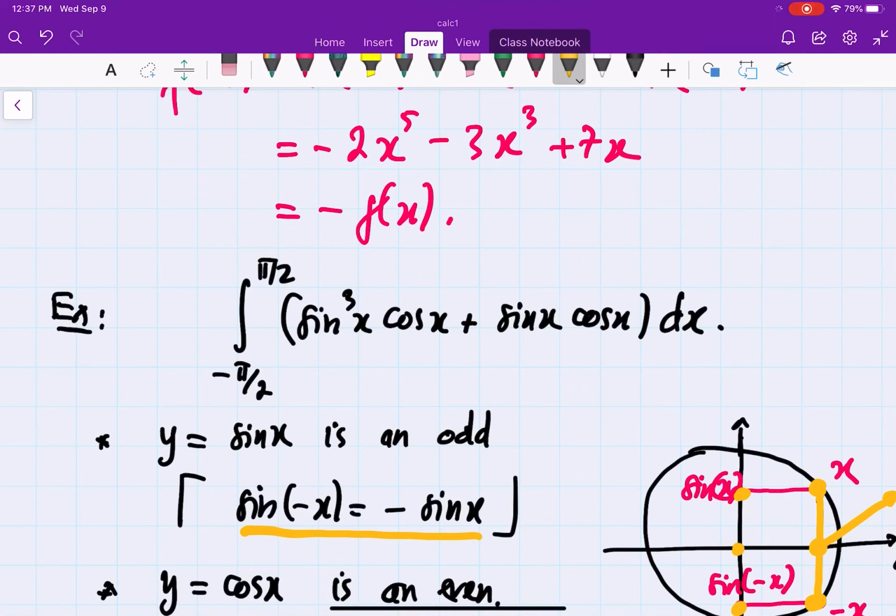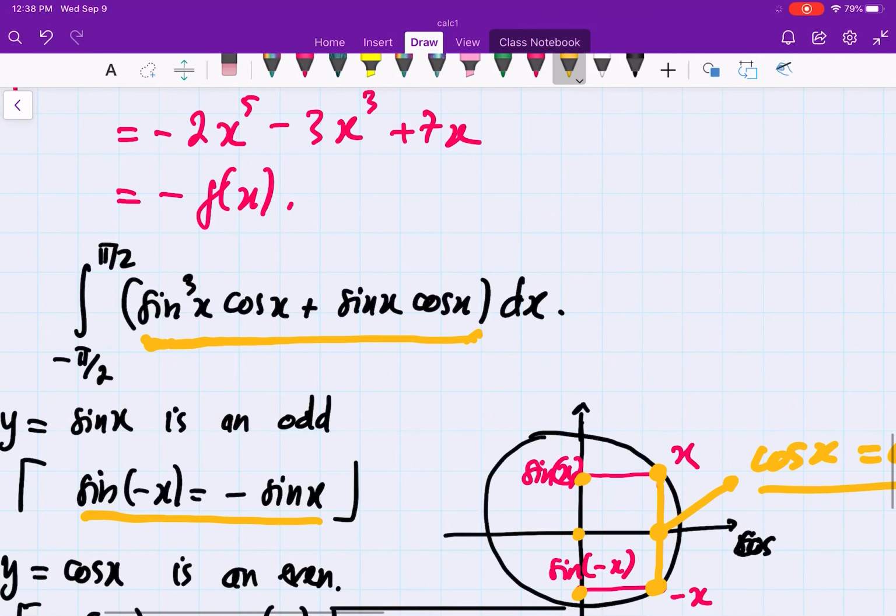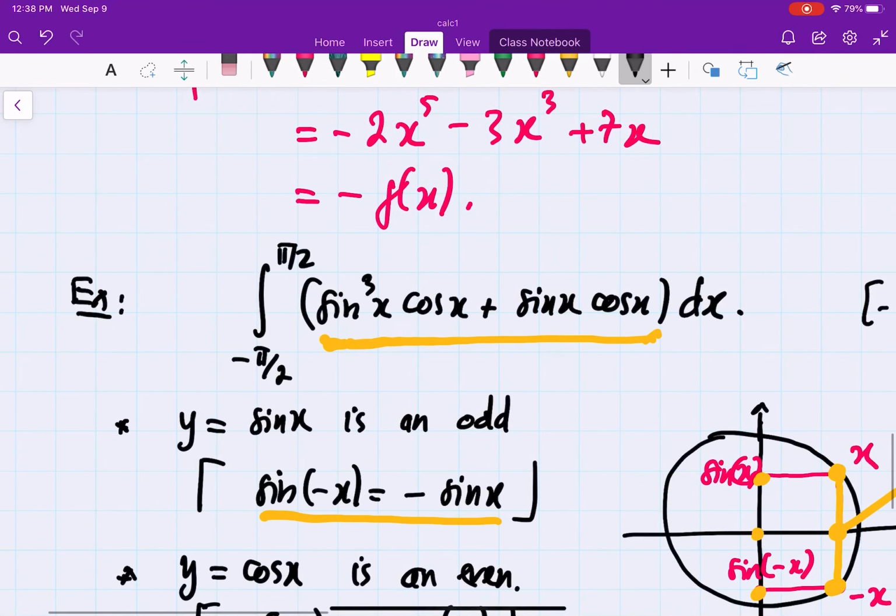Okay? And now look at this. So we might think about this function. Of course, you can solve this using substitution. It's not a big deal. But I see the interval of integration is negative pi over 2 to pi over 2. Right? That is symmetric. And we work with odd and even functions, sine, cosine. So you might think, yes, we may save some time from that. Now, let's see.